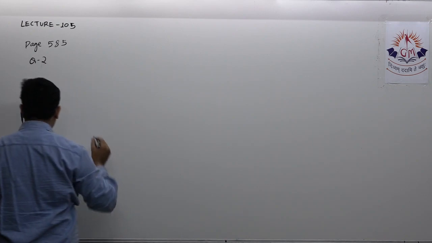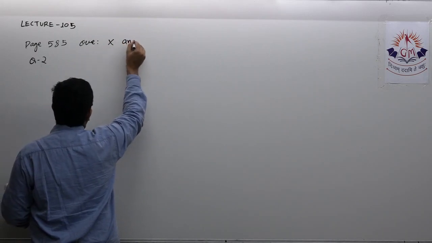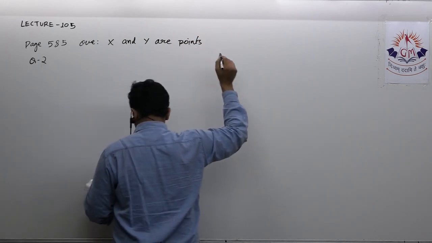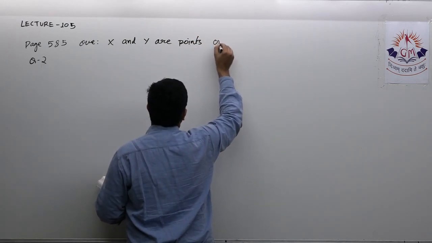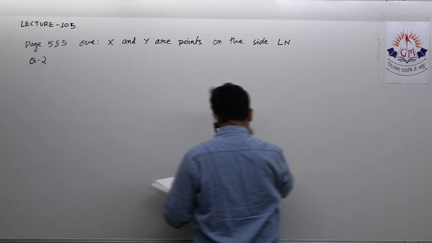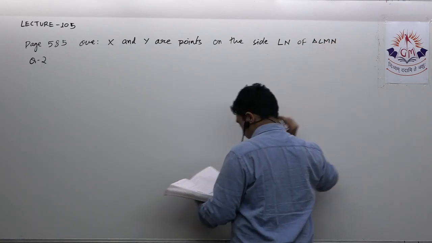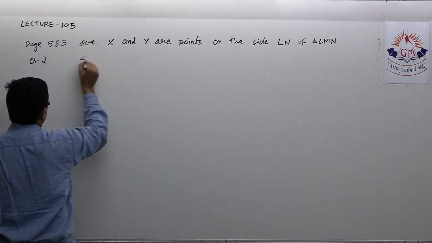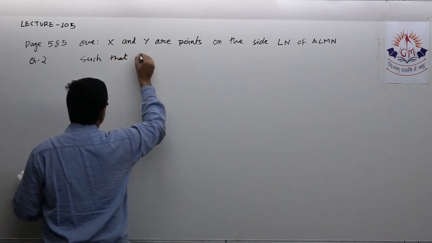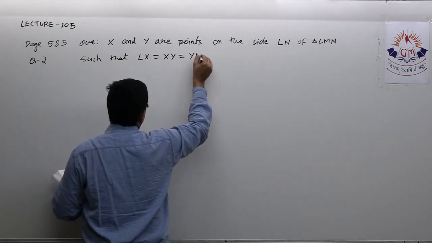Okay, X and Y are points on the side LN of triangle LMN, such that LX is equal to XY is equal to YN.